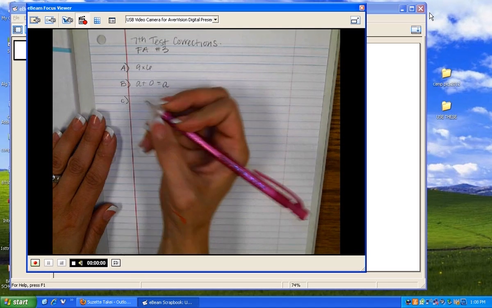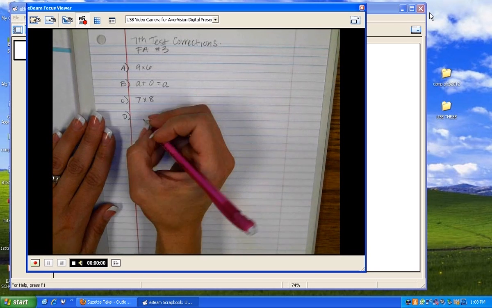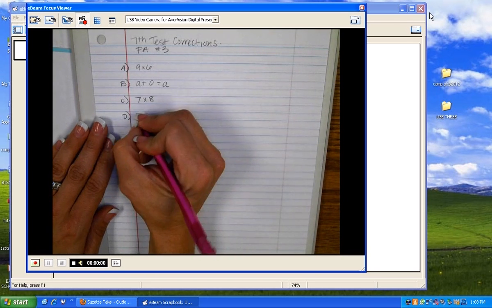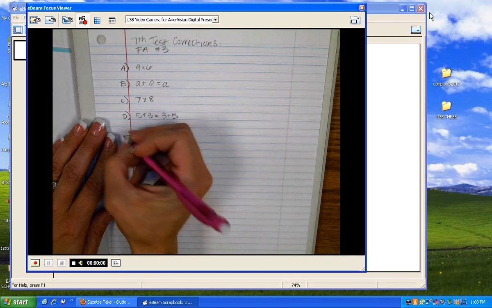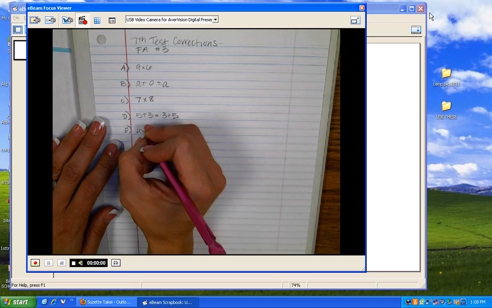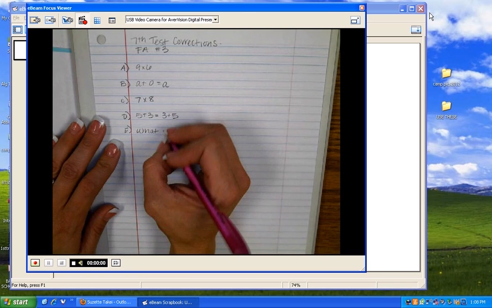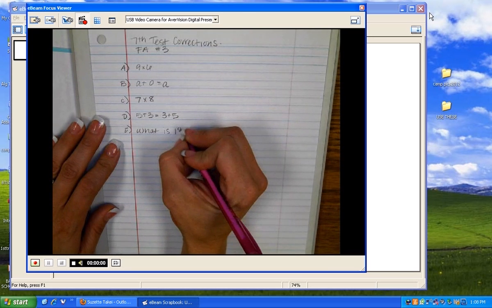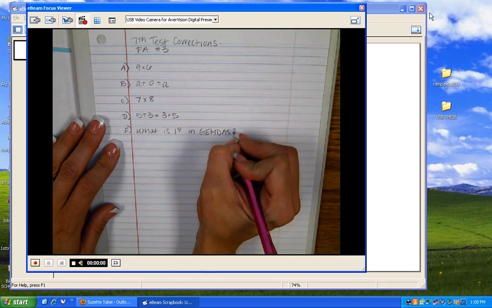C, 7 times 8. D, name the property: 5 plus 3 equals 3 plus 5. E, what is the first order of operation when you're using GEMDAS? So in GEMDAS, what is first? What do you do first?